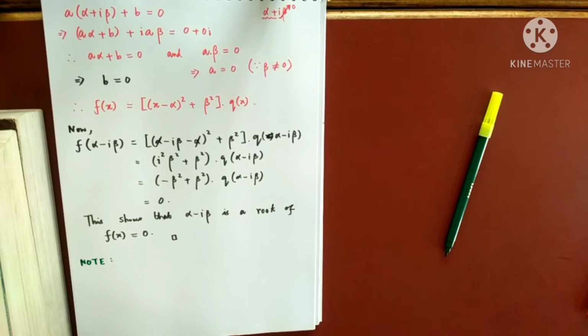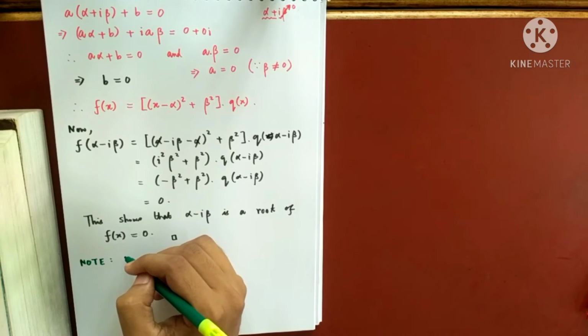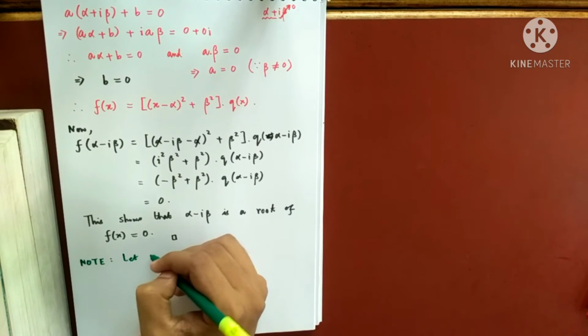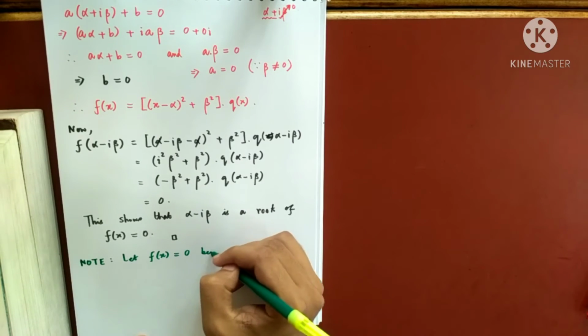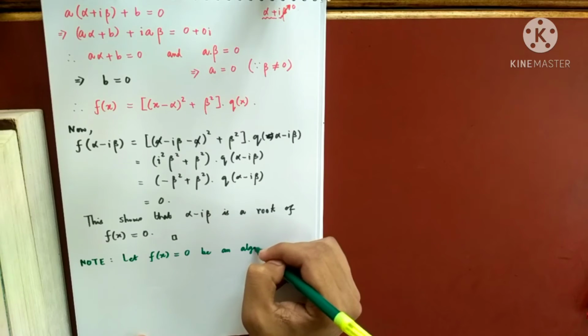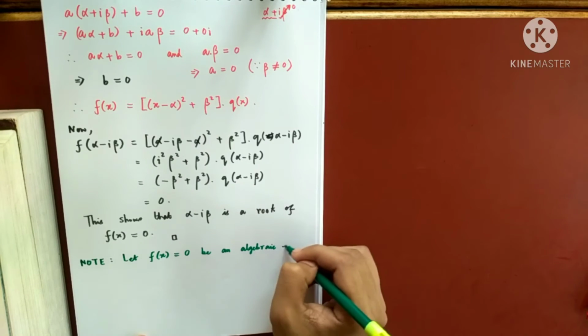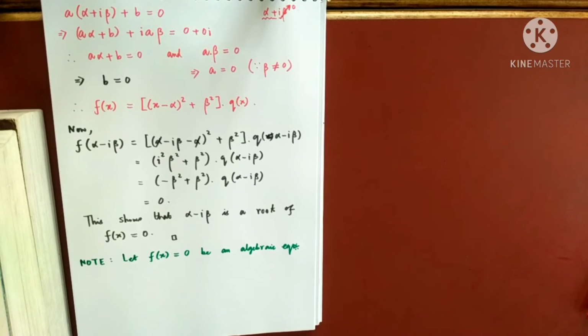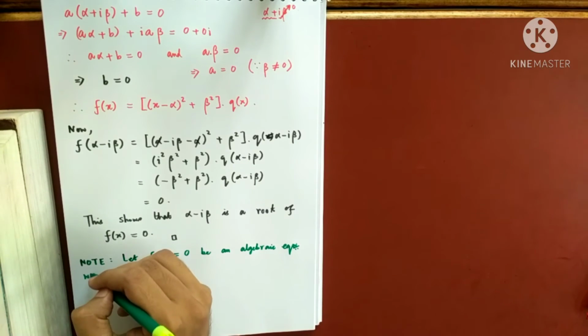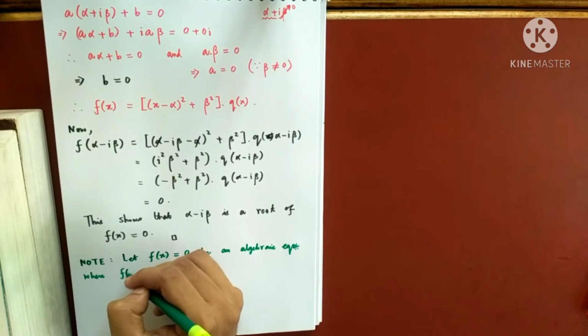For an algebraic equation f(x) = 0, when f(x) has real coefficients. Now the second thing, I'm only talking about polynomials. So let f(x) = 0 be an algebraic equation where f(x) is a real polynomial.